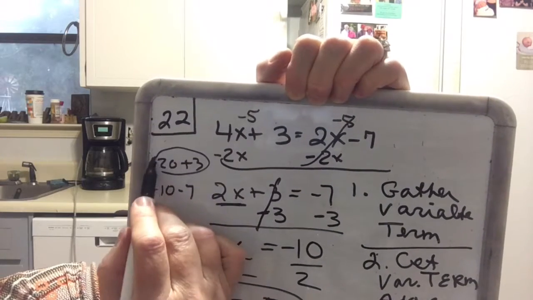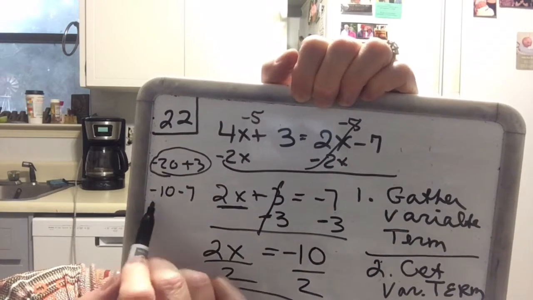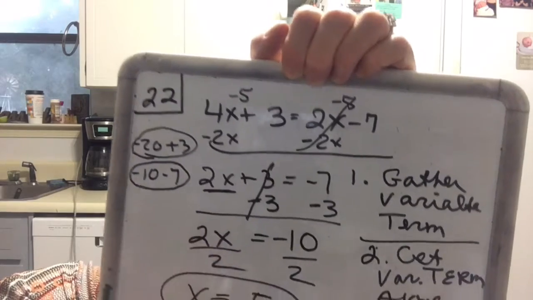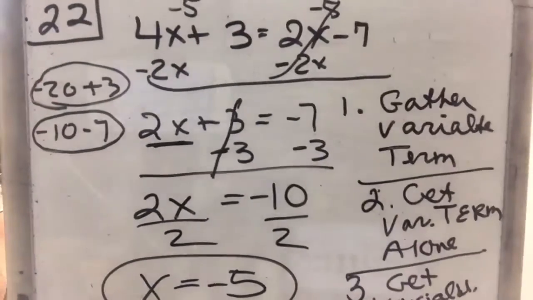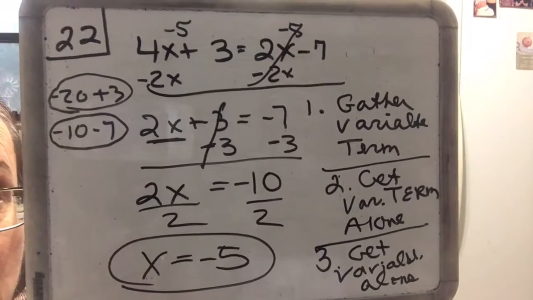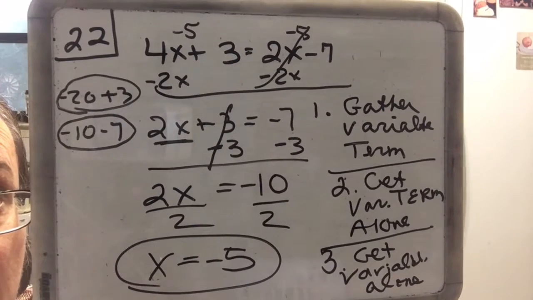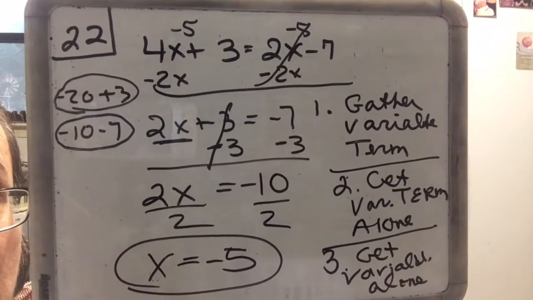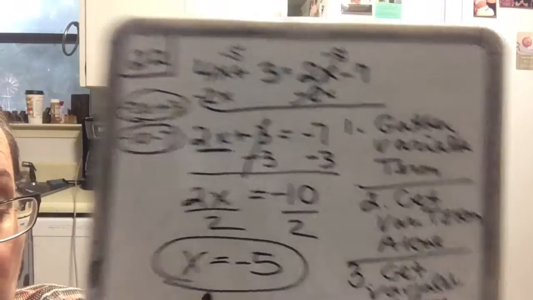Well, -20 plus 3 is -17, and -10 minus 7 is also -17. So there's the whole board there if you missed getting any of those notes. And that is the end of 22.